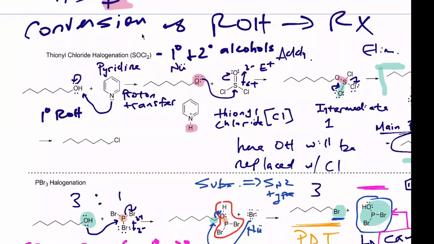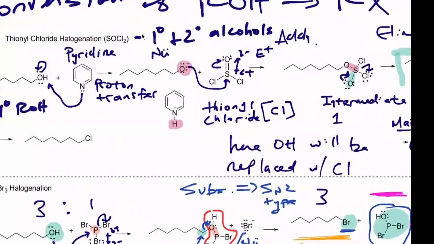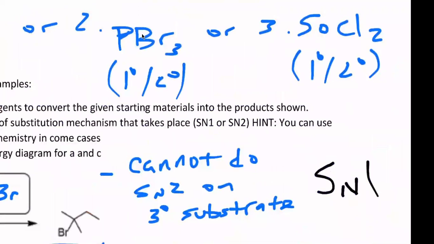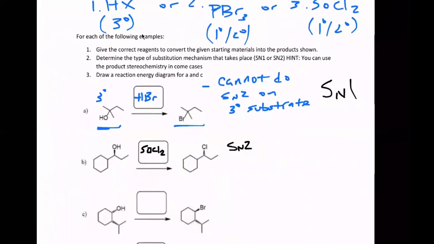It's in there somewhere. Yeah, right here. So it's an SN2 type. And then for the PBr3, we also said that that was SN2 type. All right, so the thionyl chloride reaction is SN2.